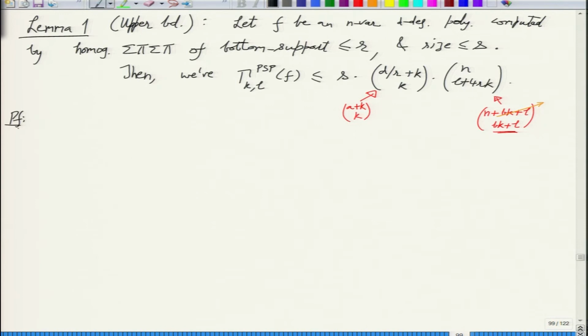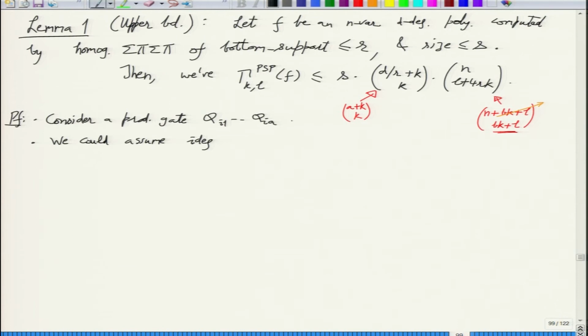So let's just complete this. So consider a product gate qi1 dot qia. We could assume the individual degree of any variable in qij to be less than or equal to 2.